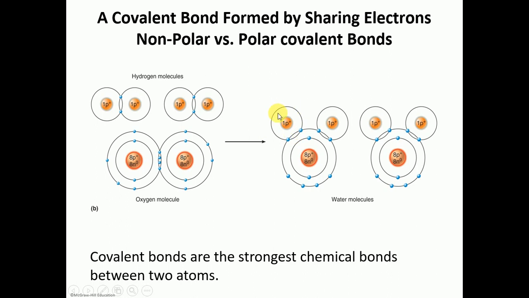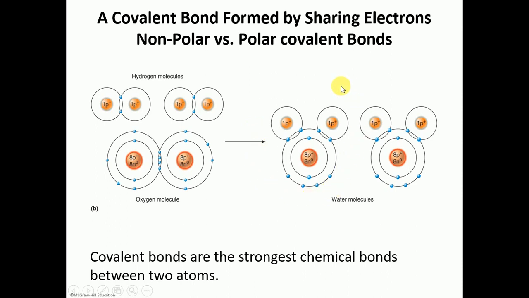the hydrogen atoms. And therefore, because these shared electrons are pulled towards the oxygen, the oxygen side of the water molecule tends to be negatively charged, very slightly so, while the hydrogen ends tend to be very slightly positively charged. Okay, now that is why we call it a polar covalent bond.